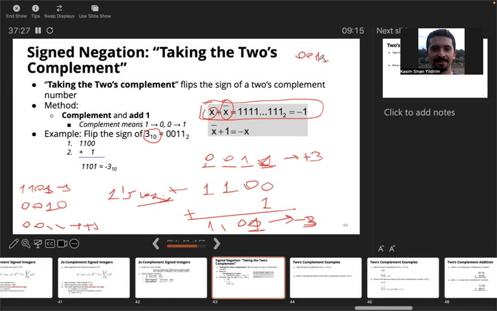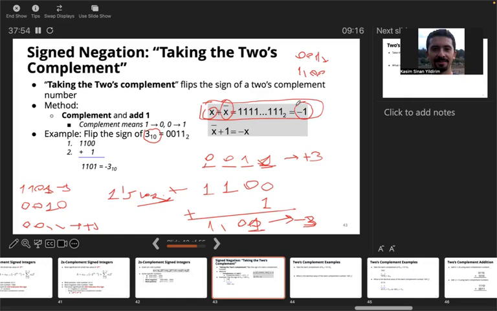The one's complement of 3 is 1, 1, 0, 0. If you add them together, you obtain a number like 1, 1, 1, 1, 1. And what is that? It's minus 1, right? 1, 1, 1, 1, 1. It's minus 1.